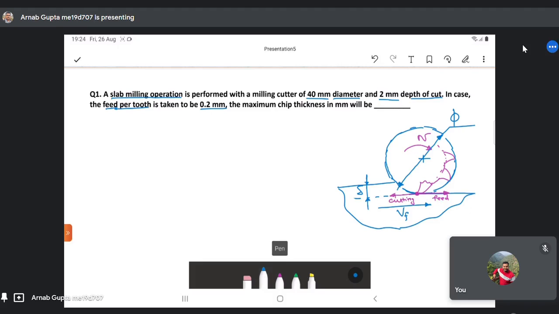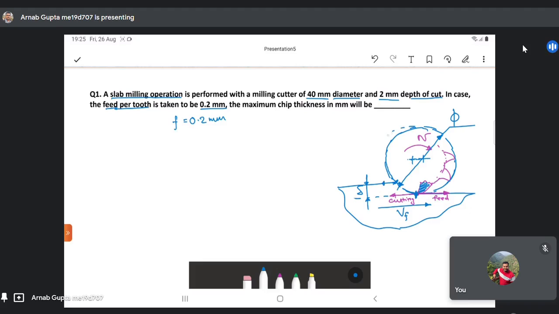So you're told that the feed per tooth, that is F, is equal to 0.2 mm. So what does that essentially mean? That as this particular tooth that I'm considering here moves from this particular point to this particular point, up to which you have provided the depth of cut, rather, up to this point where this particular tooth disengages from the workpiece, till that point this entire tool has propagated in the forward direction with respect to the workpiece by this much distance.